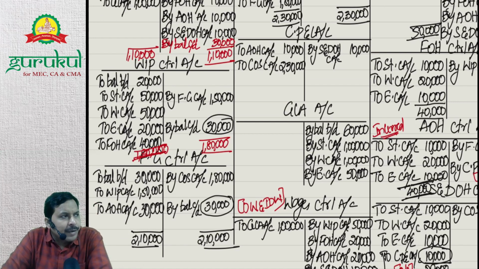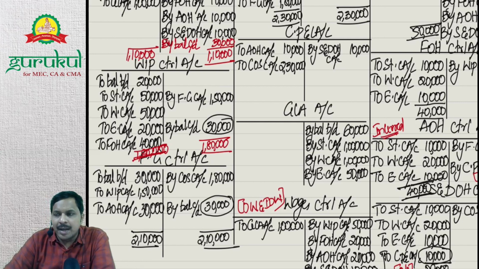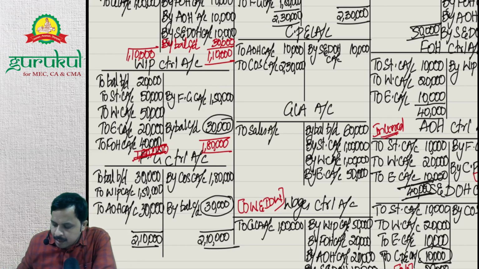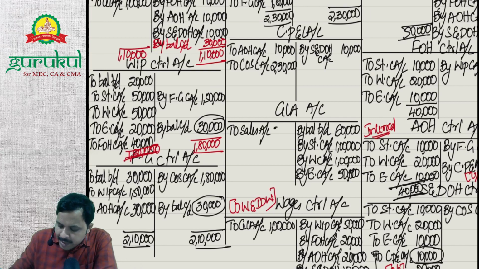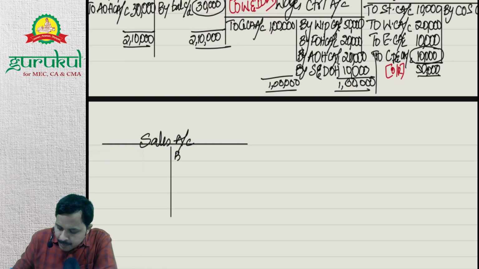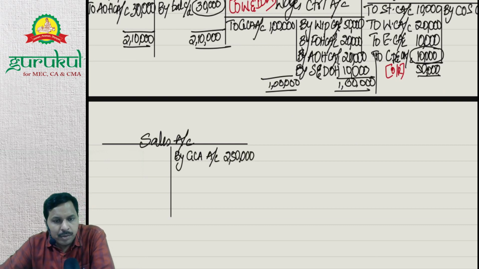No. So therefore, the entry will be GLA account debit to sales account. Write that entry. Sales, GLA account debit to sales account. Let me take here some 2,50,000. I took 2,50,000 as the sales value.